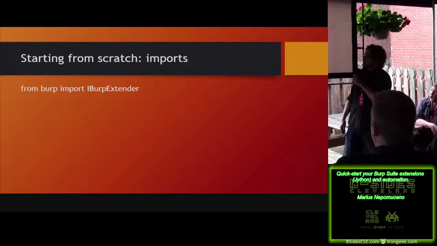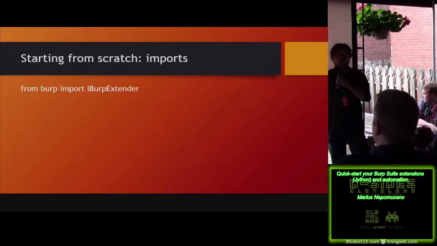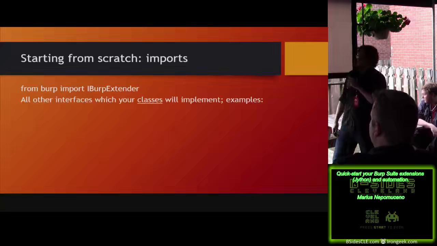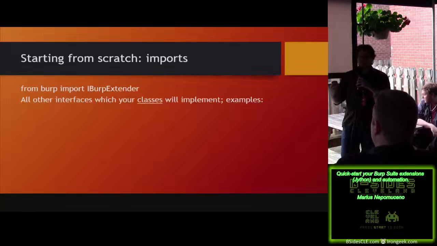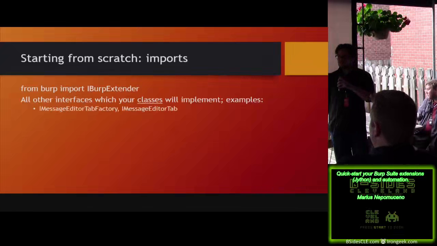It looks exactly like the Java documentation, but it's for all of the Burp Suite API. Starting from scratch, literally, that will be your first line. You go from burp, import iBurp extender. That's how you start your extension. All of the other interfaces which your classes themselves will implement, you'll also need to import. Here's some examples.